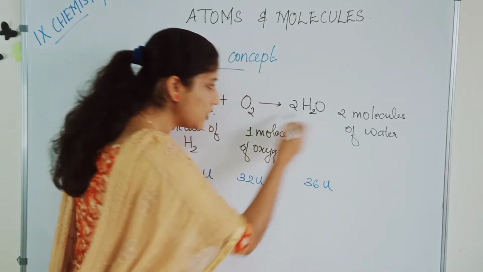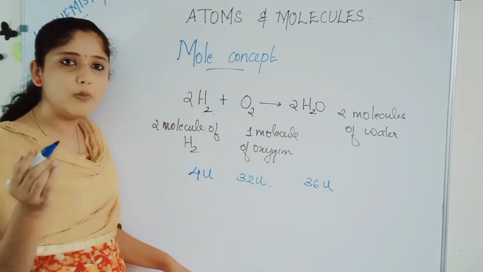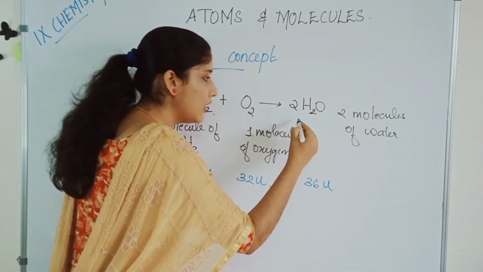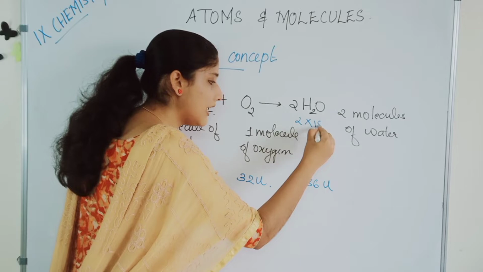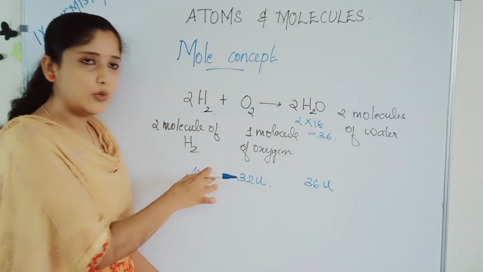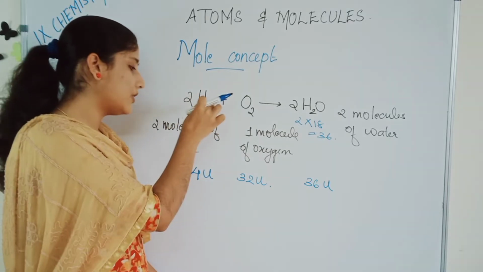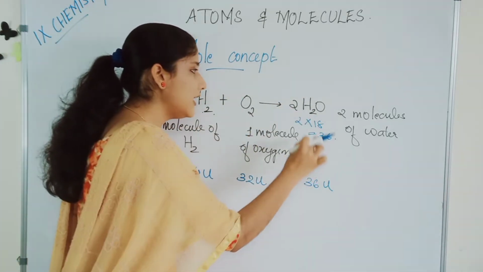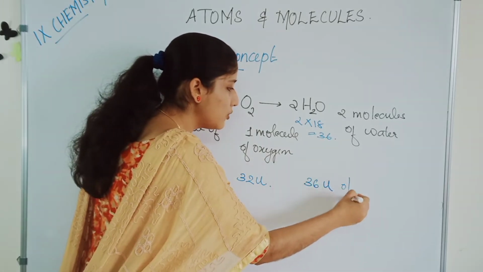That means 2H2O are there. One H2O mass is how much? 18U. Two molecules means 2 into 18, that is 36. So 4U of hydrogen and 32U of oxygen combine to form 36U of H2O.